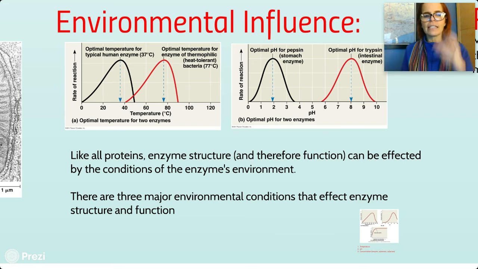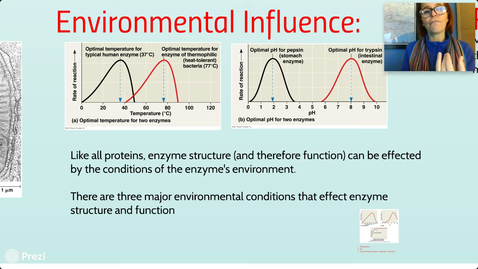Like all proteins, enzyme structure, and therefore function, remember, structure determines function. Anything that changes the structure completely changes its function, for the better or the worse. So it can be affected by the conditions of the enzyme's environment. We already mentioned a couple of them.